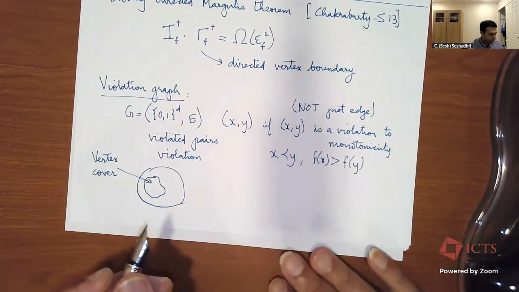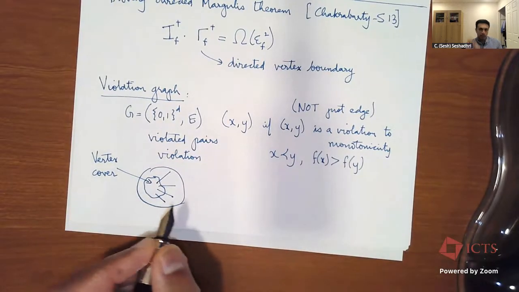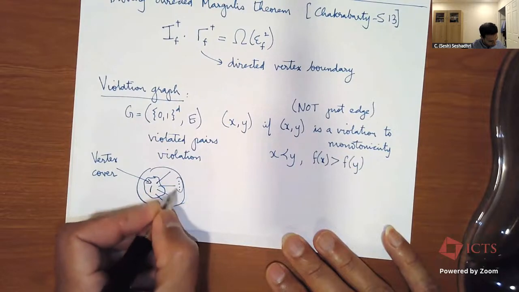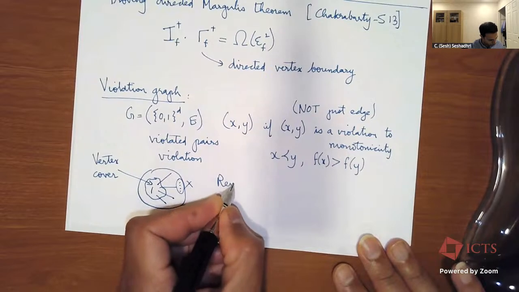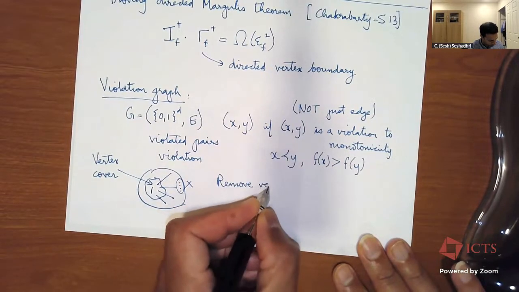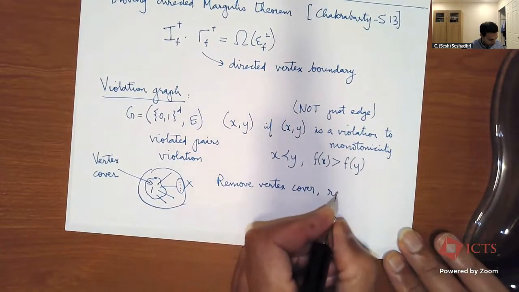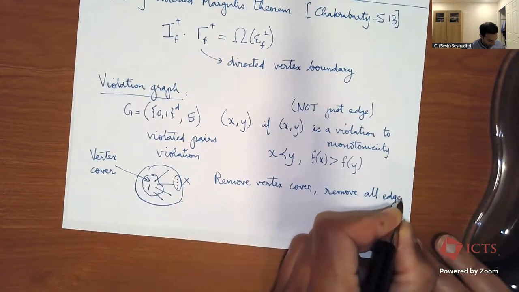Now, what do we know about any vertex cover? That any edge has to have at least one endpoint in the vertex cover. Like, you cannot have edges of that form. So if you remove the vertex cover, then you remove all edges.